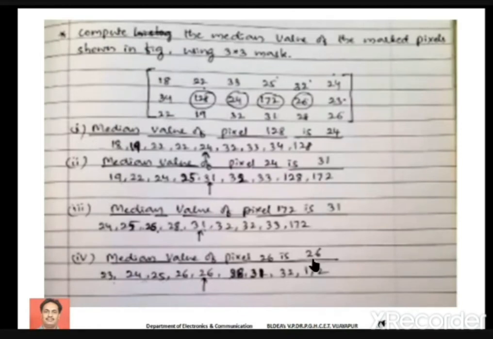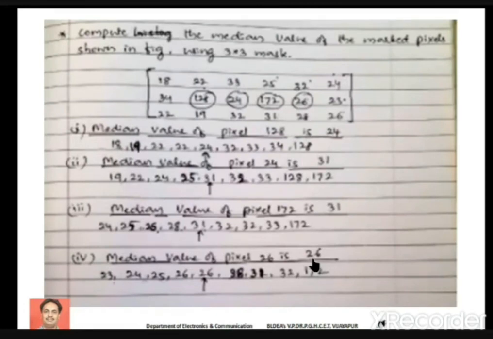Then we discussed smoothing nonlinear filters, which are also called order statistic filters. Here each pixel value is replaced by a ranking set of pixels. So we have four types as we discussed. Median filter, where each pixel is replaced by the median of its neighborhood. Then the max filter, where each pixel is replaced by the maximum of its neighborhood.